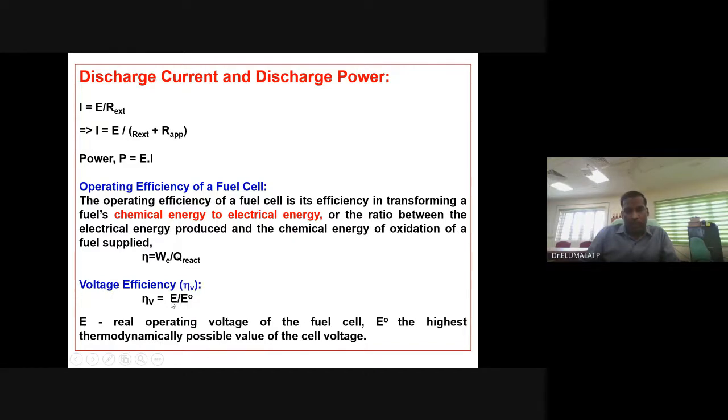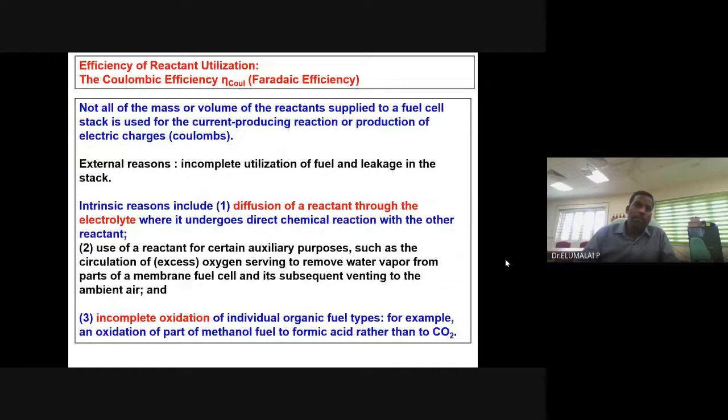It means the operating voltage or open circuit voltage of the fuel cell is always less than the theoretical voltage. You will never get 100%, because of losses in the fuel cell, poor catalytic activity of the catalyst, or the fuel itself may not be getting oxidized on the catalyst. So there are no ideal fuel cell voltages.